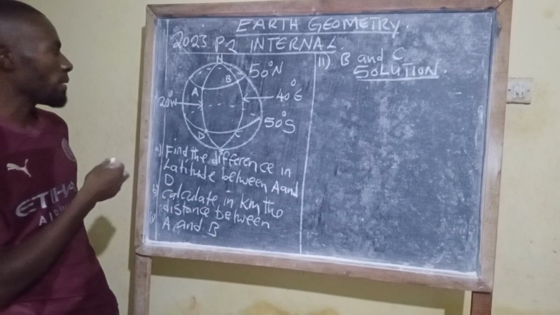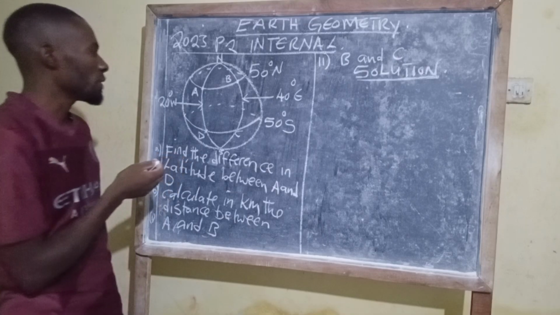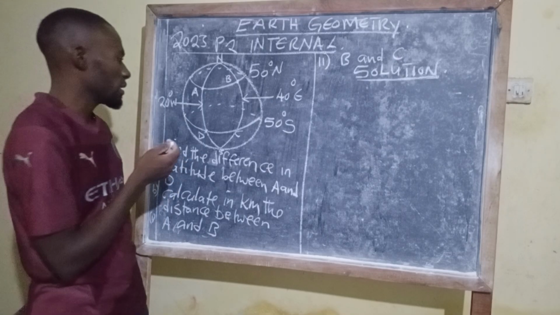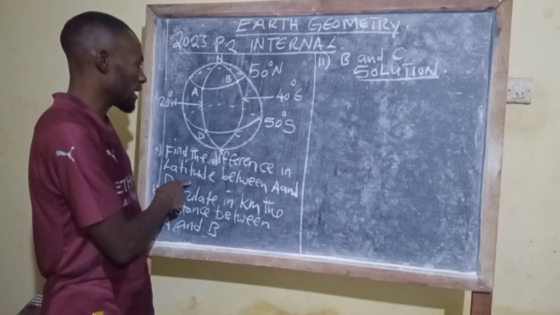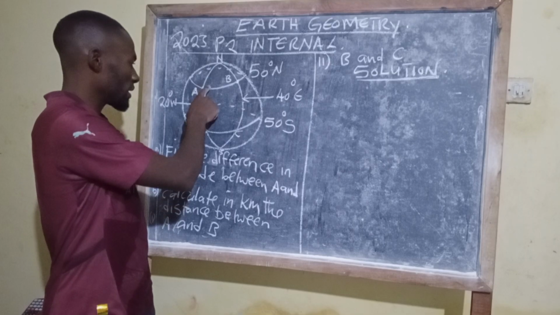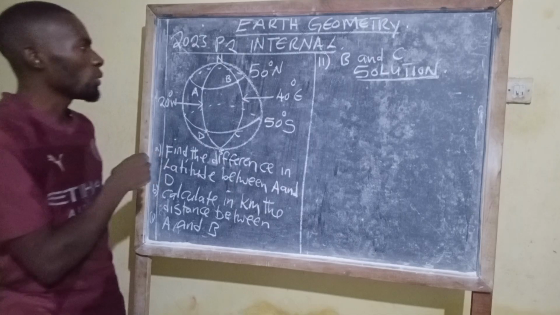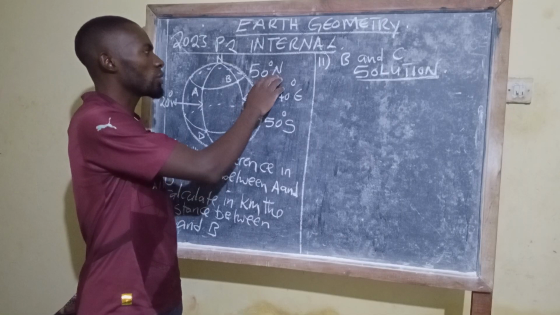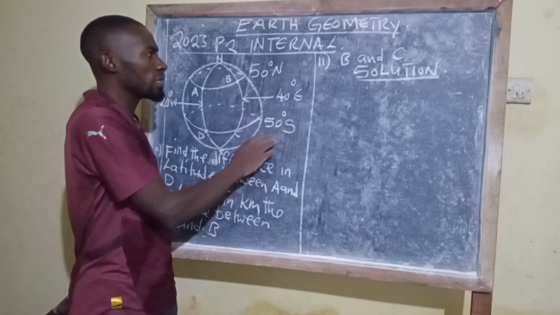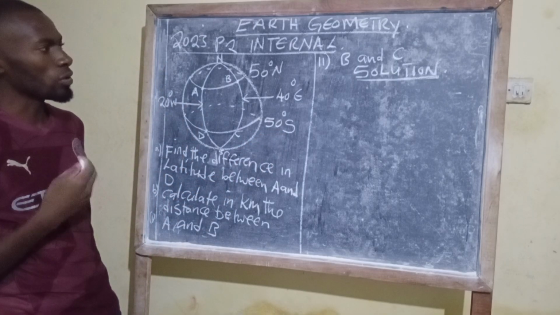As we talked about the other time, when you are finding the difference in latitude between point A and point D, you look at where the latitudes are. This latitude is in the north, the other one is in the south. North, south, what do we do?